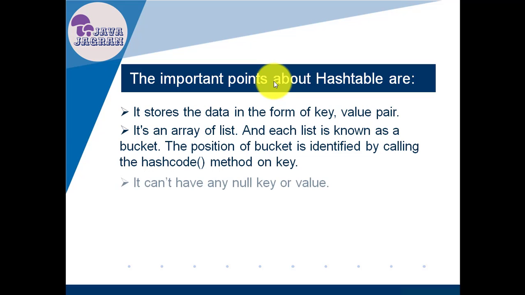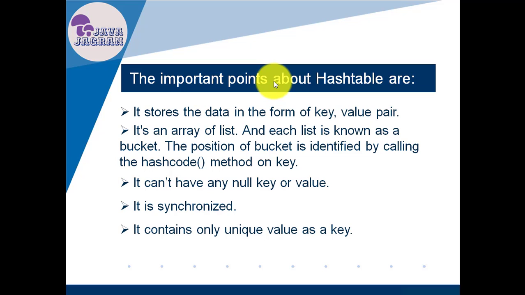Then the other thing is that it cannot have null as a key or a value. Anywhere, we cannot store null in the hash table. It's also totally synchronized. It is totally thread safe because all the methods given in this class are synchronized. It also contains only unique values as keys.